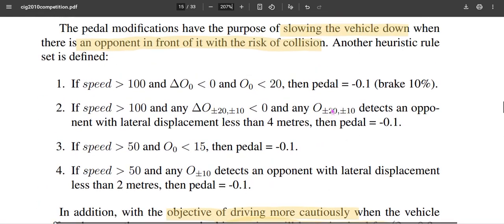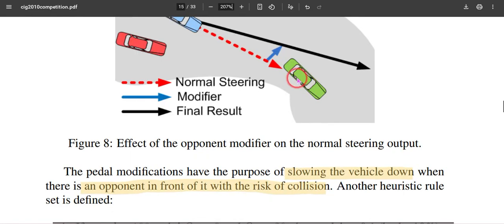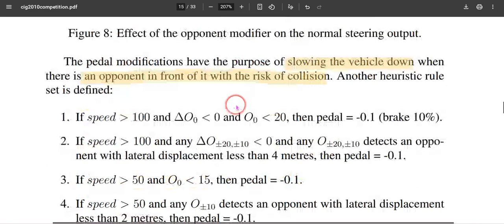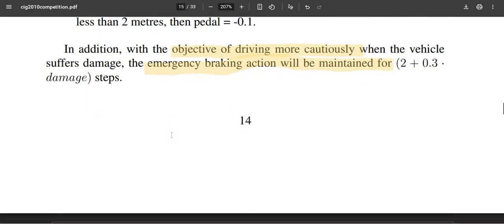Same thing with how the speed should be adapted: how close this opponent is in front, on which alignment it is in front, and how much speed we are trying. Based on these conditions, the speed has to be adapted, how much brake has to be applied, and how much the speed has to be adapted based on these logical conditions.